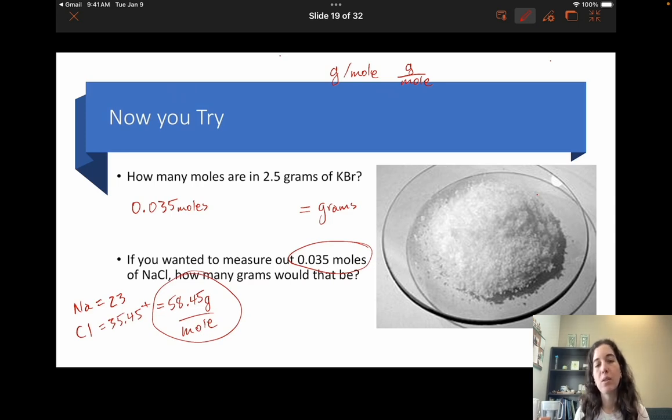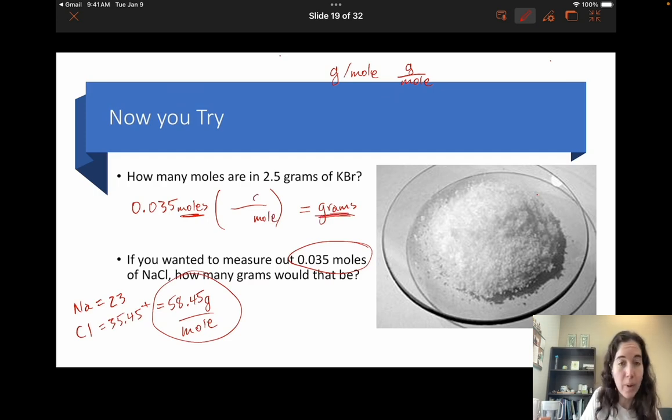In order to solve this, we need to use the conversion factor that we found from the periodic table. We need to remember that because moles is in the numerator here, it must be in the denominator in order to cancel it out. We also want grams in the numerator because we're solving for grams. We don't want that to cancel out. So our moles is going away. Excellent. So our units are in the right location. Now we need to make sure that our numbers are in the right location.